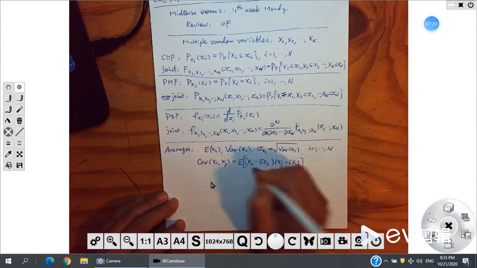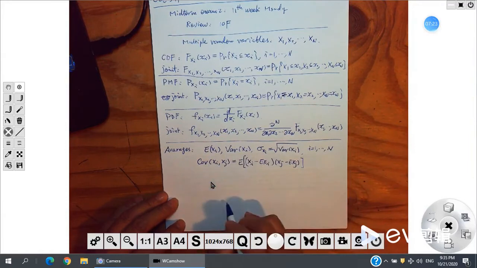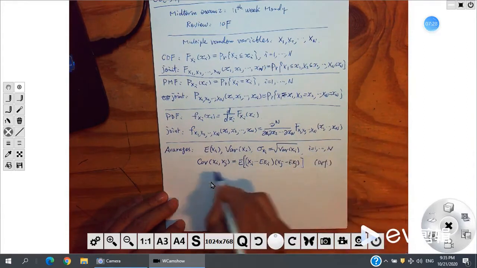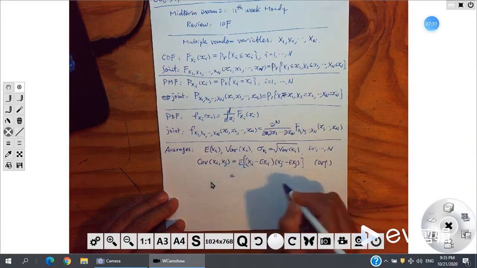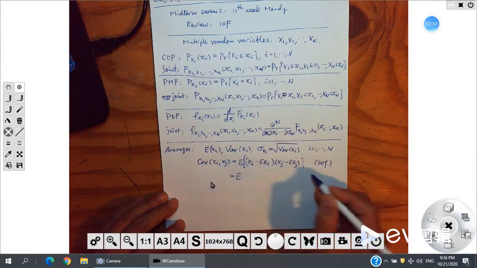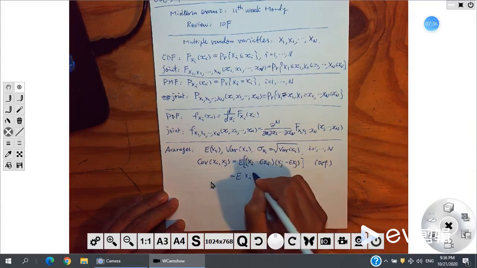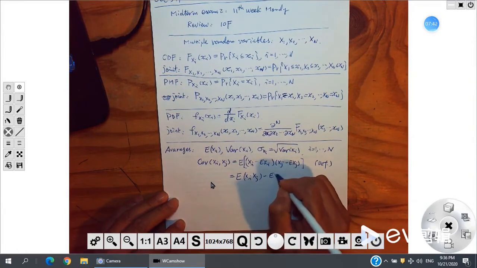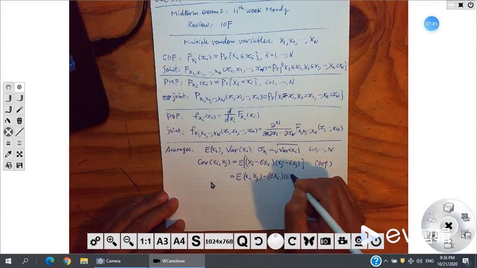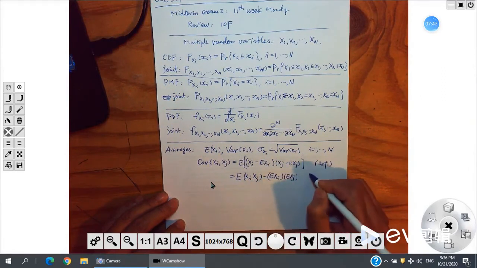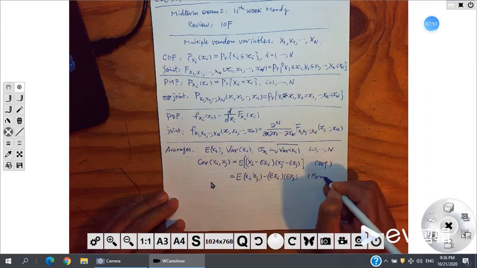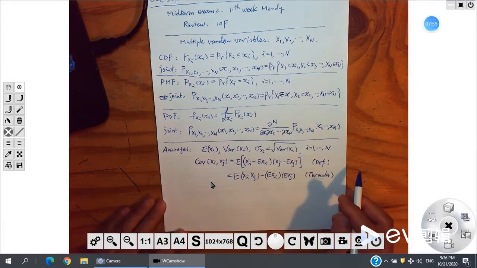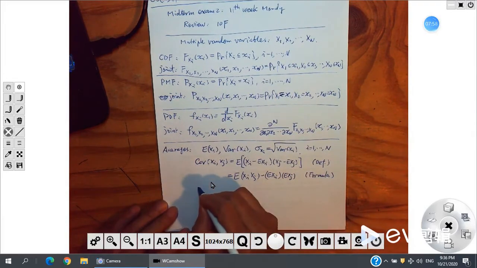This is a definition, but we can have a formula to calculate it, which is simpler than the definition: the expectation value of Xi times Xj minus E[Xi] times E[Xj]. When you do calculations, you can use this one.